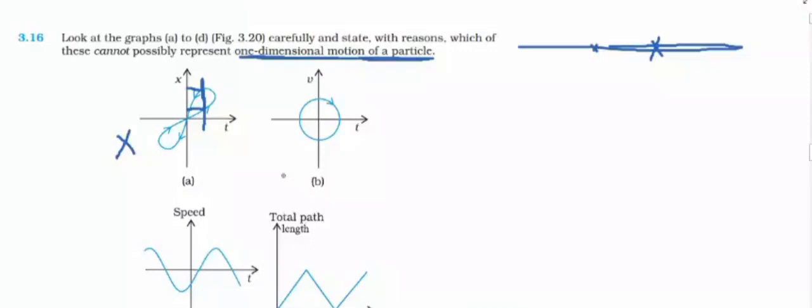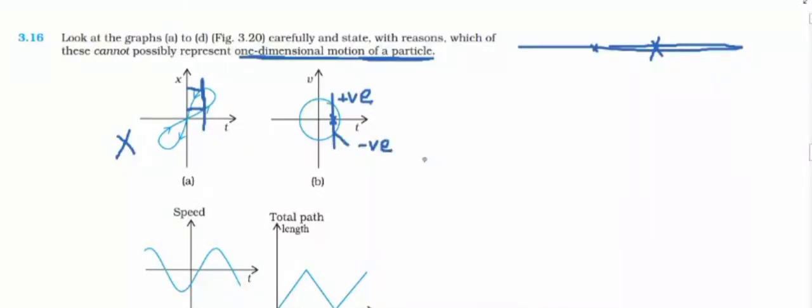What is the reason? It is not possible to have two positions at a single time for a particle in one-dimensional motion. Now, second case. Second case also, we can consider a particular time. So I have taken this particular time. See here, velocity is positive. At this point, velocity is negative.